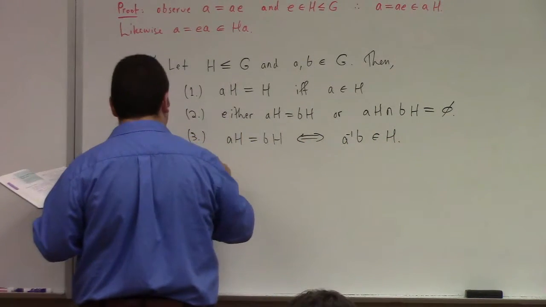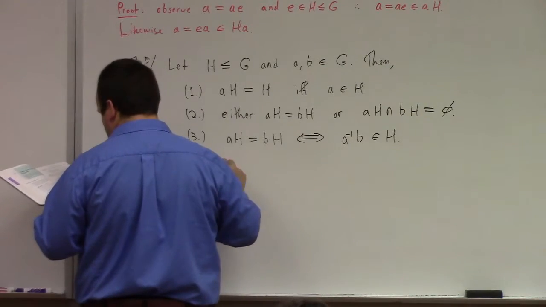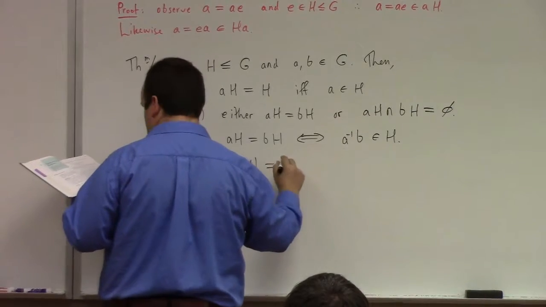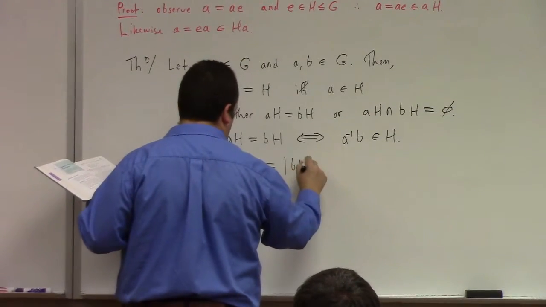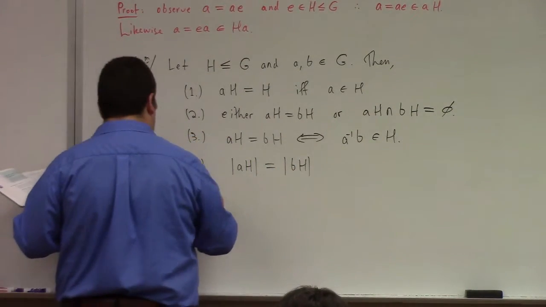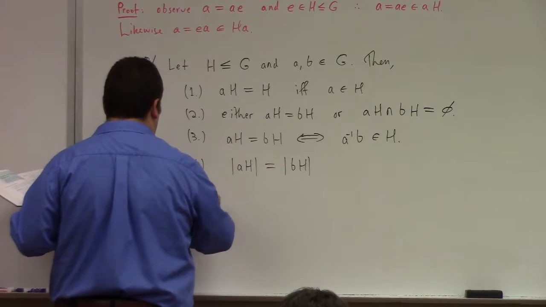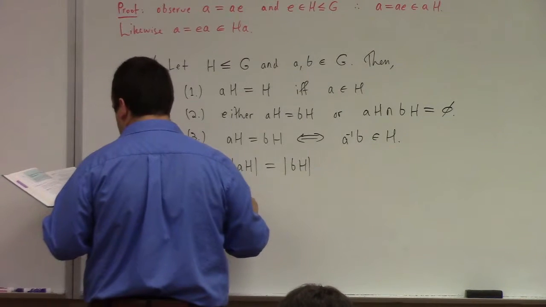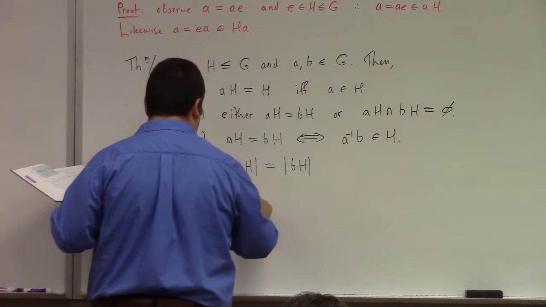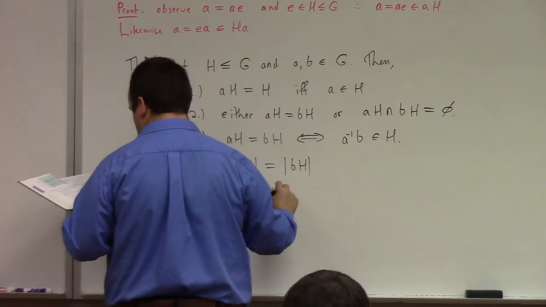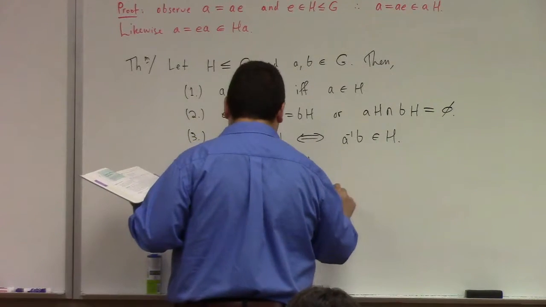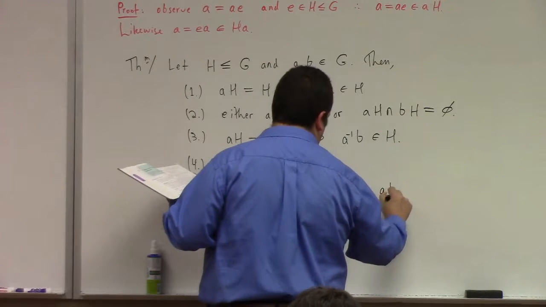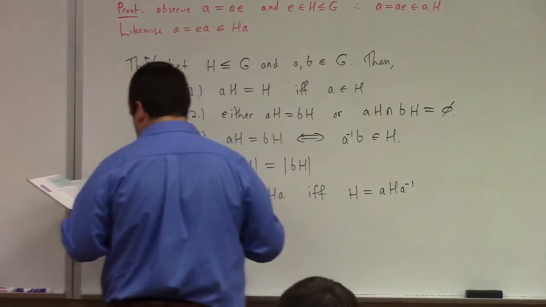Four, my numbering's off by one, by the way. The order of aH is equal to the order of bH. Six, five, his numbering. My numbering is one off his. Five, aH is equal to Ha if and only if H is equal to aHa inverse.